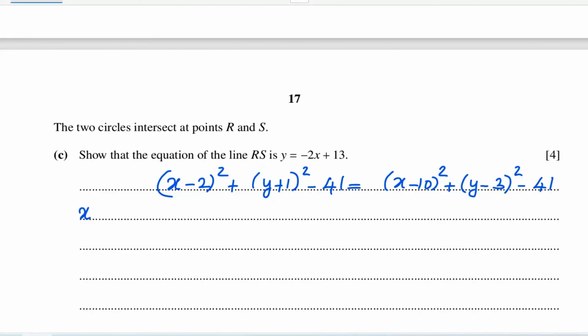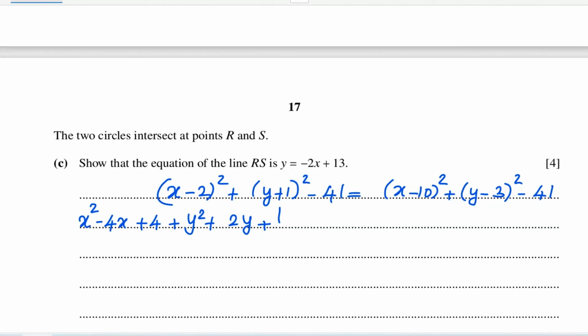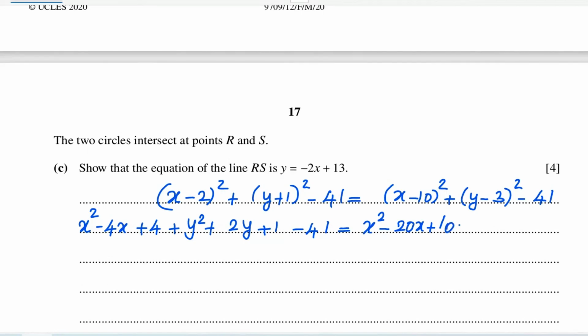Now let us expand and simplify. x square minus 4x plus 4 plus y square plus 2y plus 1 minus 41 equal to x square minus 20x plus 100 plus y square minus 6y plus 9 minus 41.